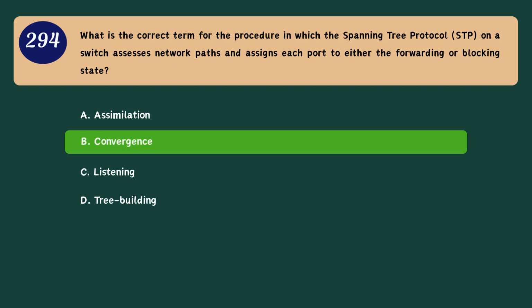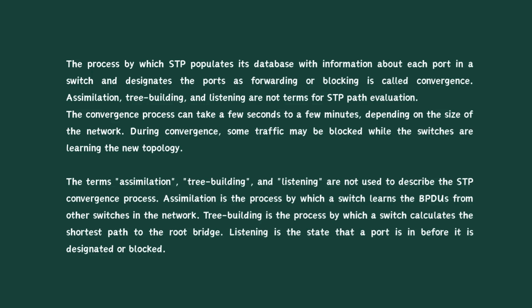Correct answer. B. Convergence. The process by which STP populates its database with information about each port in a switch and designates the ports as forwarding or blocking is called convergence. Assimilation, tree building, and listening are not terms for STP path evaluation.